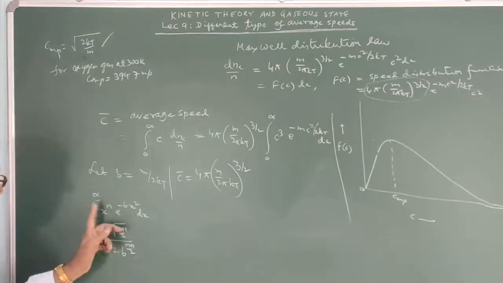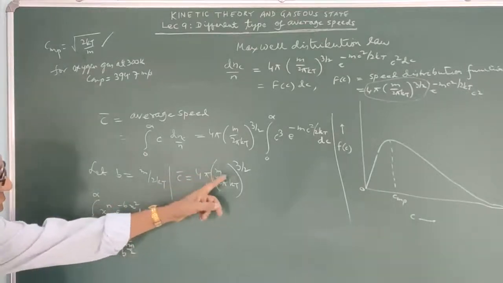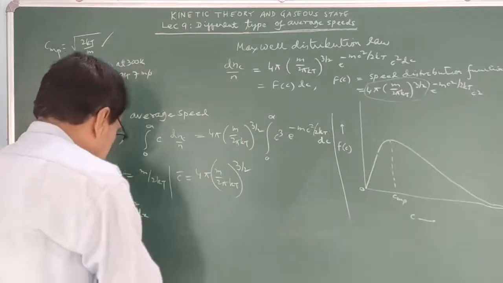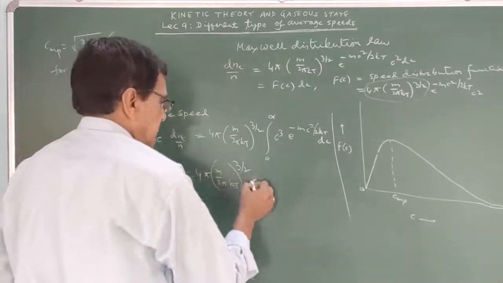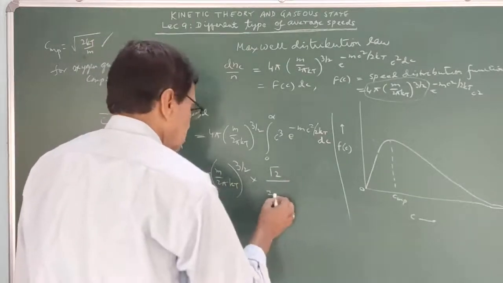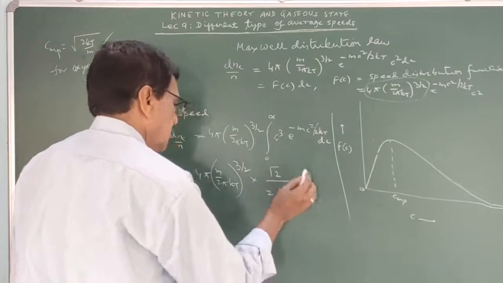Here n equals 3. So this will give you 3 plus 1 by 2, meaning gamma 2, and here 2b square.